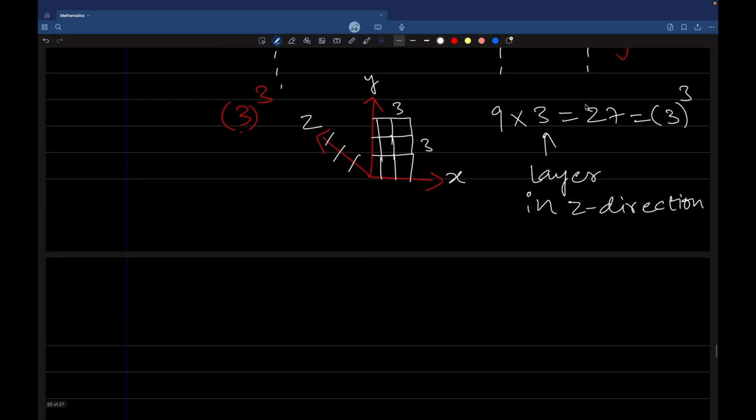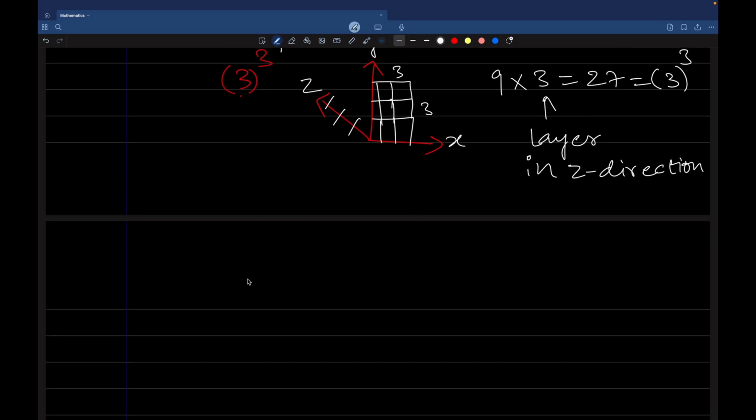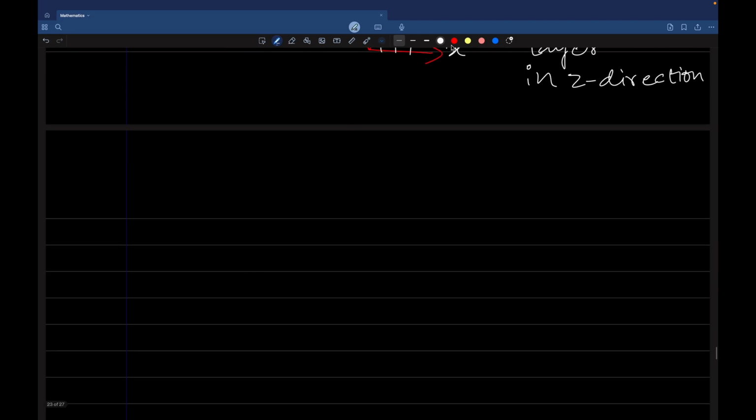If we draw for 4 cube, that is 4 cubes in 3 directions, x, y and z, 4 in each direction, 1 2 3 4.